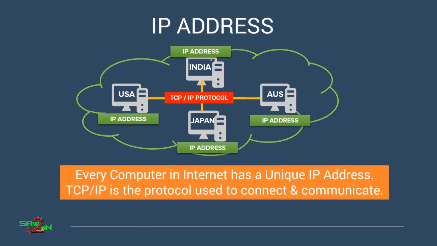Every computer on the internet has a unique IP address, and TCP/IP is a protocol used to connect and communicate. Remember these definitions: what an IP address is, what TCP/IP is, the purpose of TCP/IP, how IP addresses are assigned to computers, and why you need a unique IP address on the internet, which is just to find themselves and establish communication.